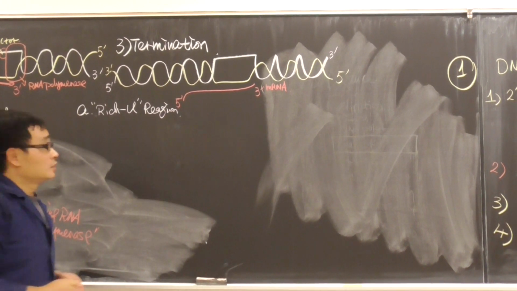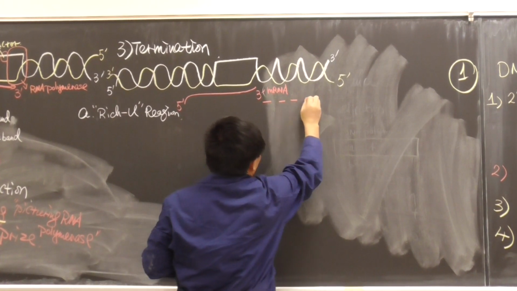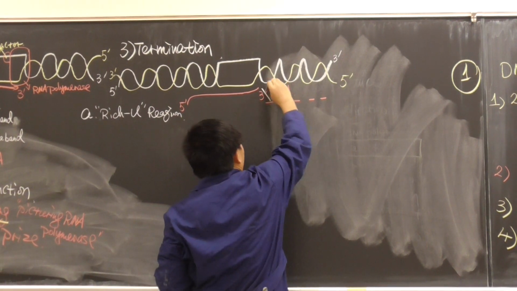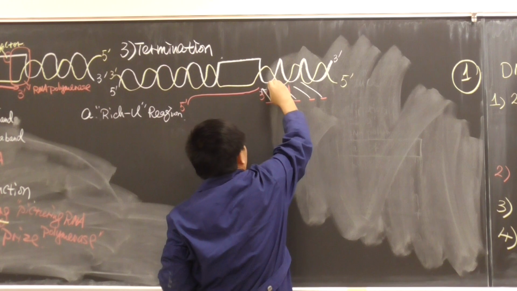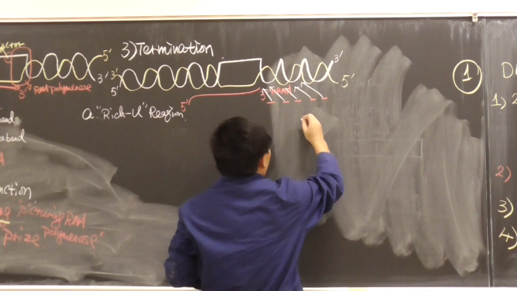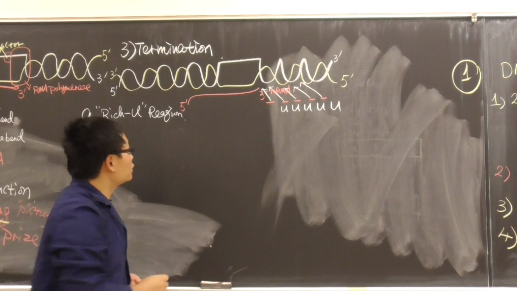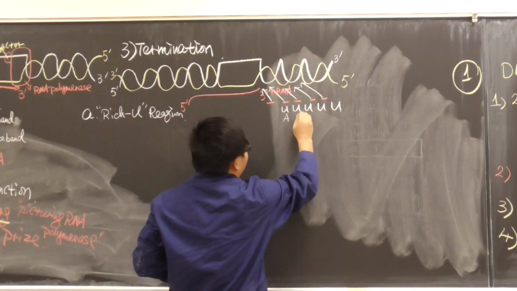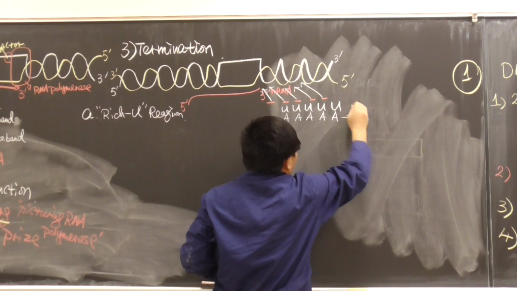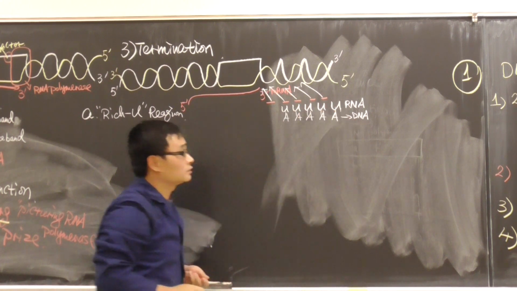When they start the biosynthesis, let's say here is a small segment of the RNA nucleotides. They added. There is one stage where they could become U, and the corresponding become A. Now this is DNA, this is RNA. They correspond with each other, is that right?